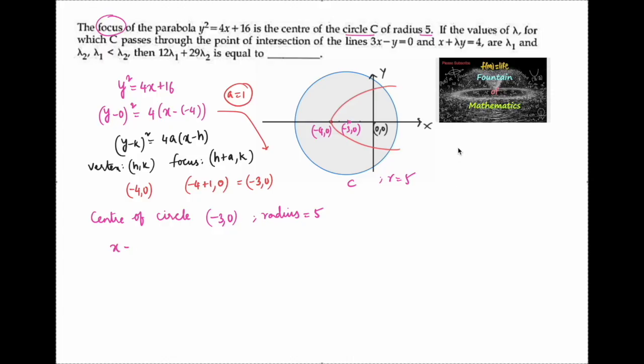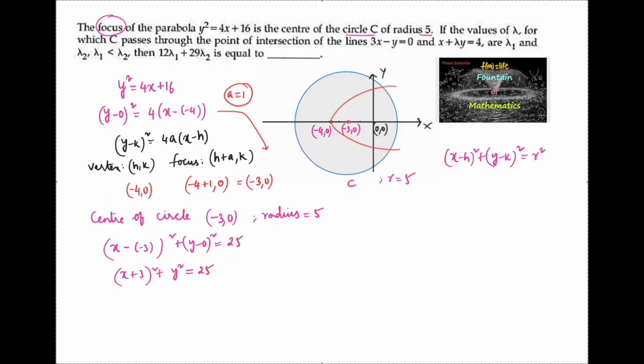We know the equation in center-radius form: x minus h whole square plus y minus k whole square is equal to r square, where h comma k is the center. So here x minus of minus 3 whole square plus y minus 0 whole square is equal to 5 square, that is 25. So x plus 3 whole square plus y square is equal to 25. So this is the equation of the circle.